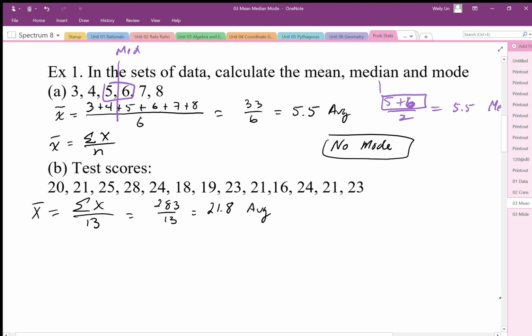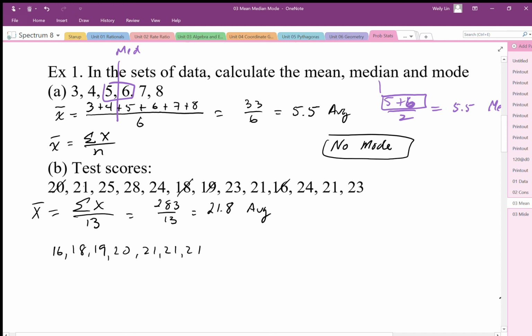For the median, we have to line these up. I'm going to line them up from the smallest: 16, 18, 19, 20, 21, 21, 21.